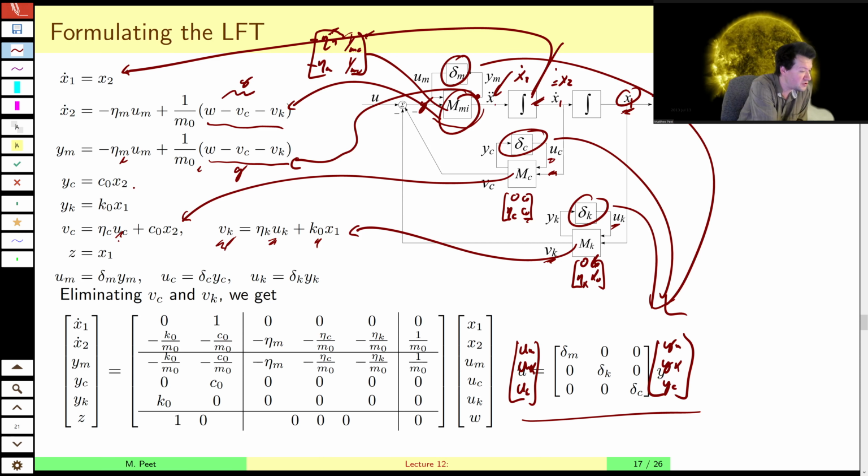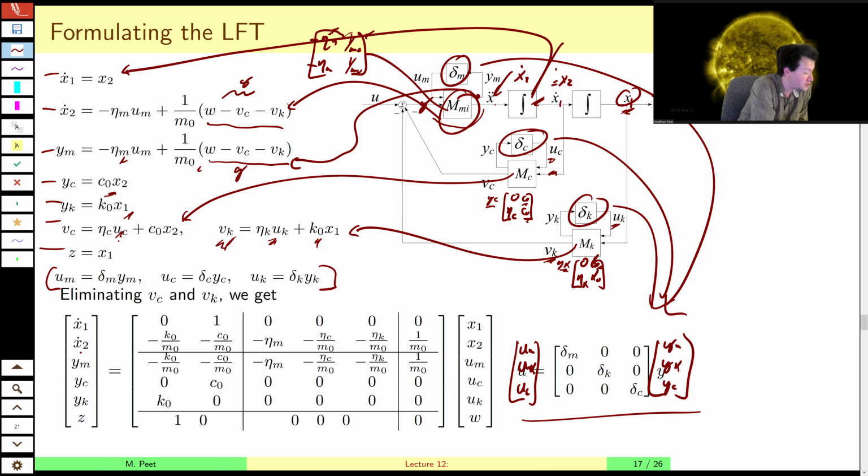And then we've got the other two blocks, they're pretty easy. yc is just c naught times x, and yk is just k naught times x1. So a bunch of equations, 1, 2, 3, 4, 5, 6, 7, and then we got these extra 3 for the uncertainty block.